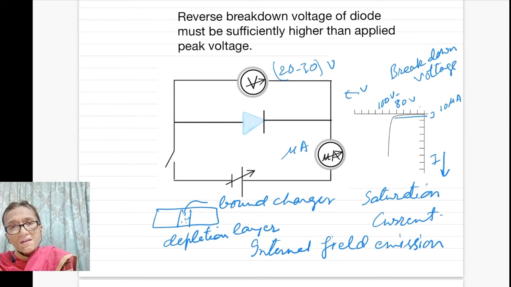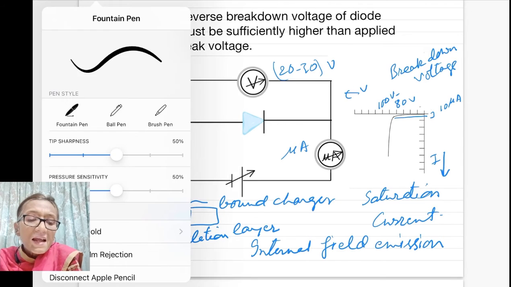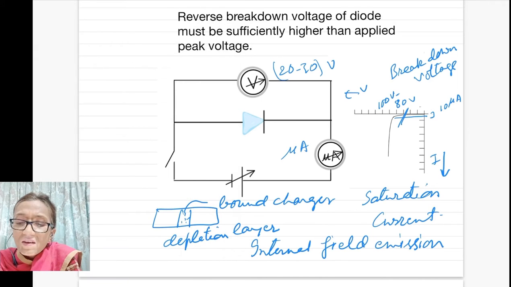So we will try to apply a reverse bias voltage less than this value. Reverse bias voltage should not be equal to this value.